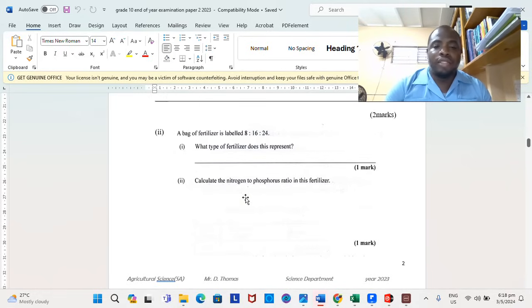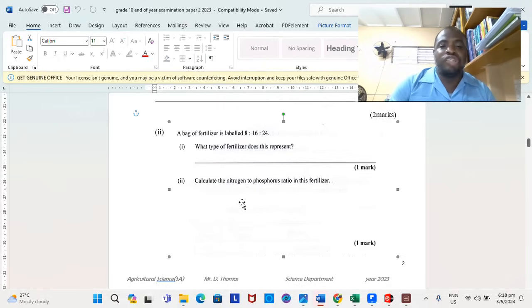For this question, it speaks about the nitrogen to phosphorus ratio in this fertilizer. Once you're going to be providing a ratio, you would want to ensure that you do it in the lowest terms. So what is the nitrogen? 8. What is the phosphorus? 16.